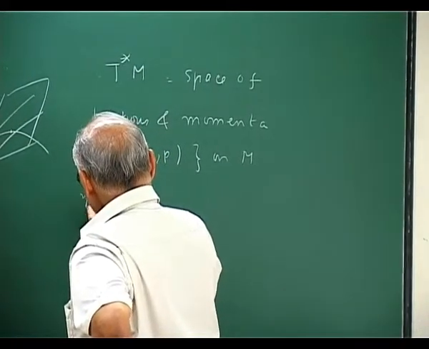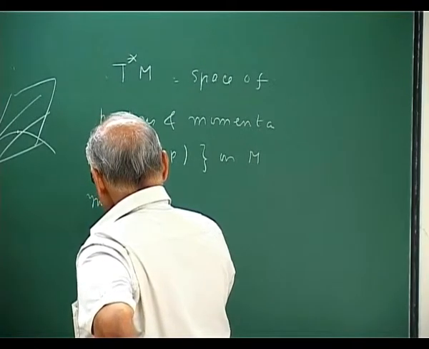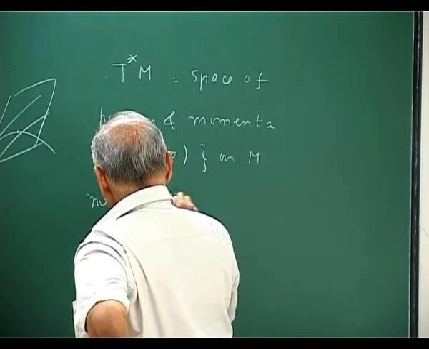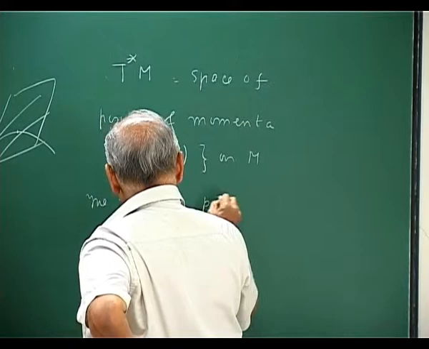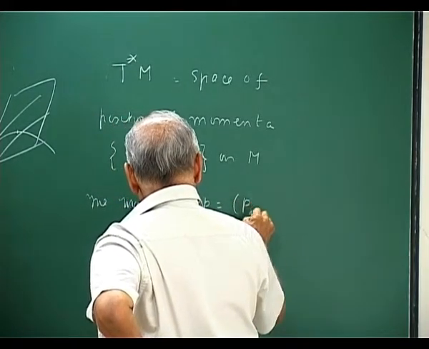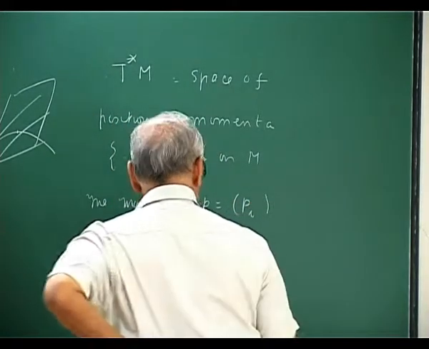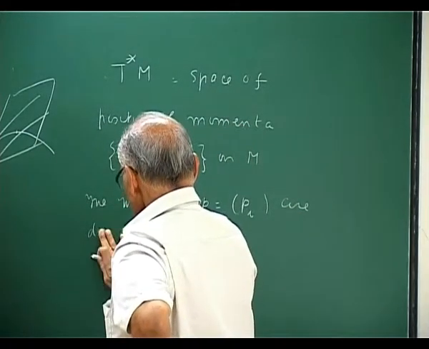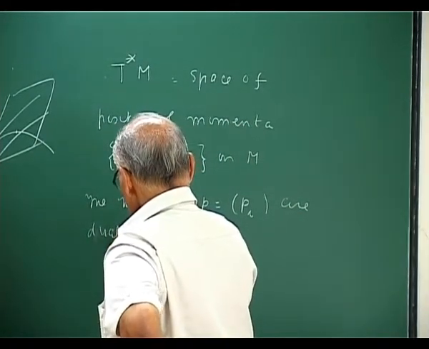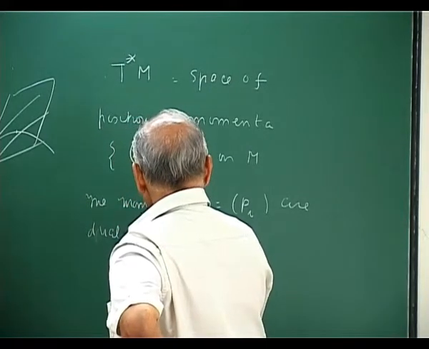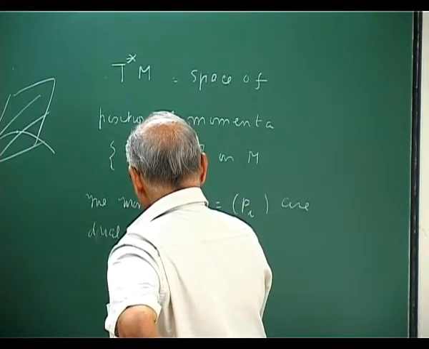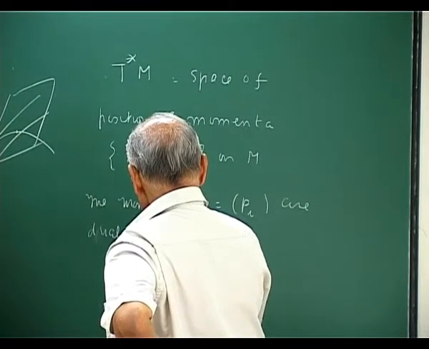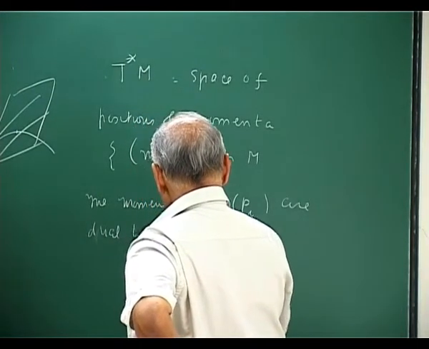The momenta P, which I can call with lower coordinates in some coordinate system, are dual to the M dot I, the velocities at M.